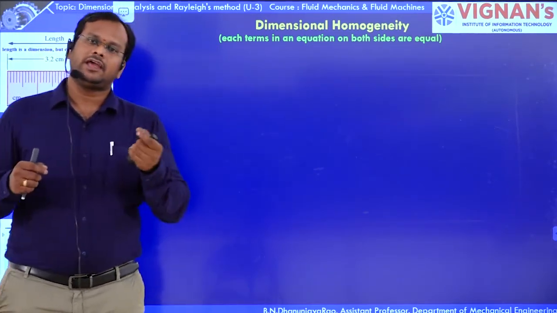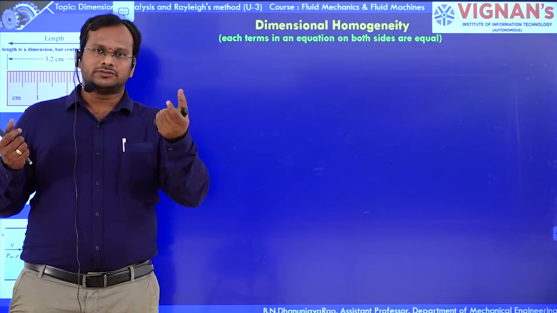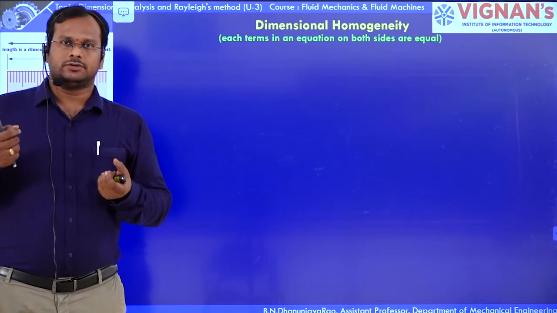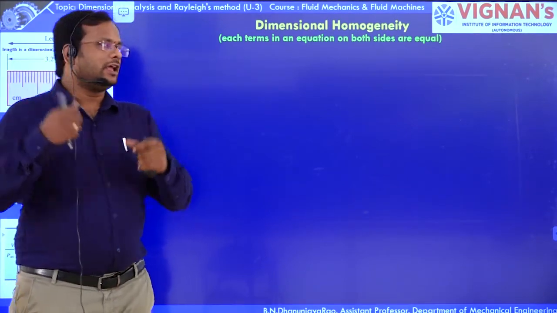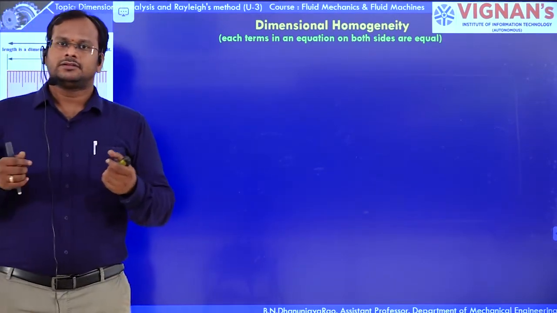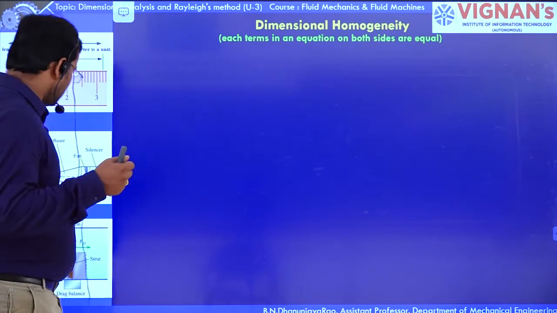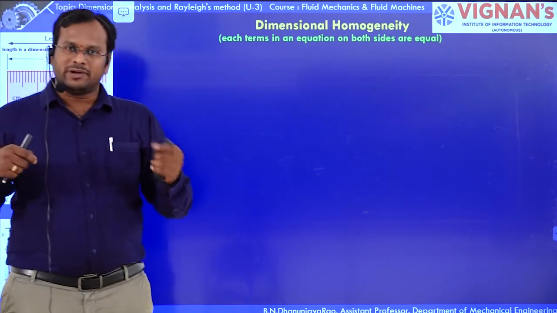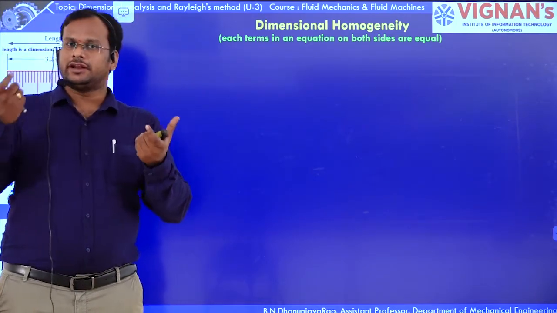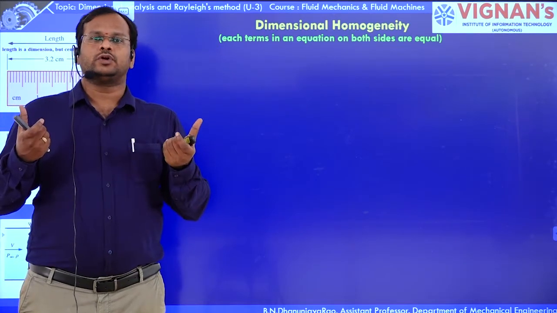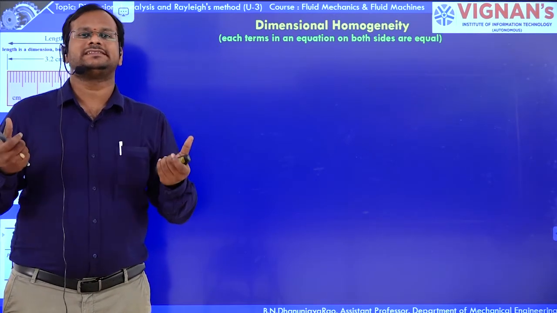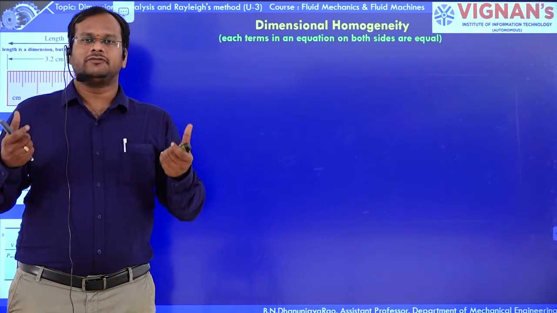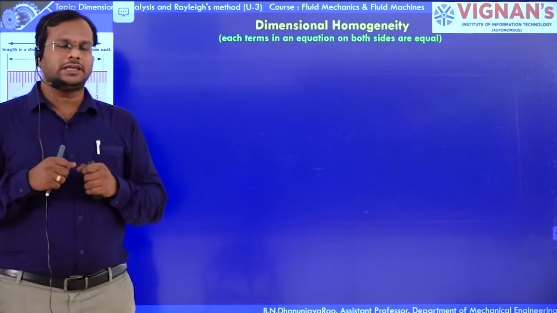There is F is equal to ma. F is one variable which depends on m and a, two other variables. So when you write the fundamental dimensions of F and of ma, the powers of those dimensions should be the same. Then only we can call it a dimensionally homogeneous equation.